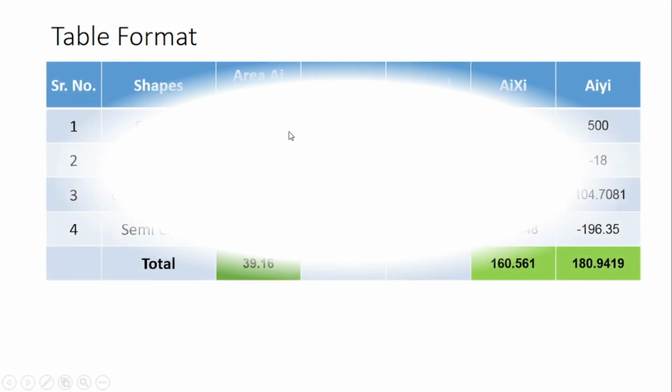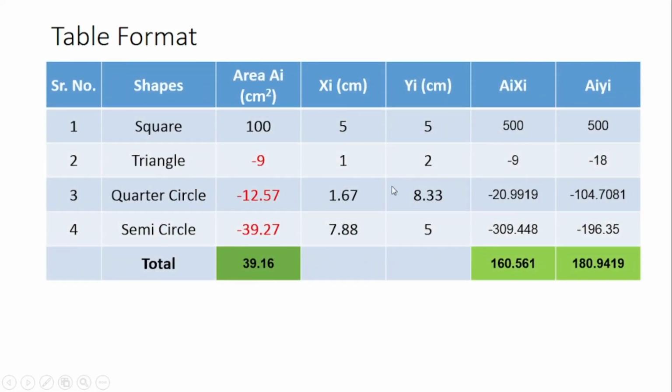Now we'll put these values in table format. So this is our standard table format. The first column is serial number, the second one is shape, the third one is area, write the unit, then x bar, y bar, then the multiplication of area into xi, so Ai xi bar and Ai yi bar. Now we'll put the values that we have got here.